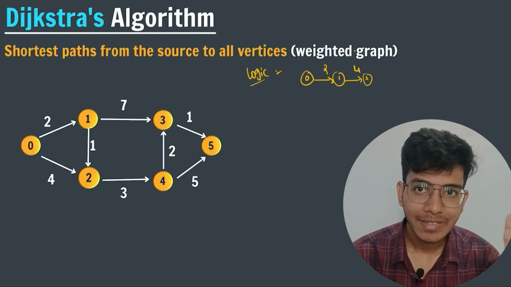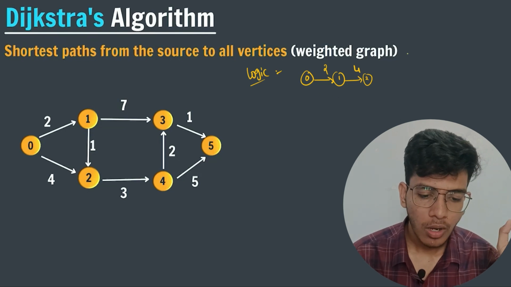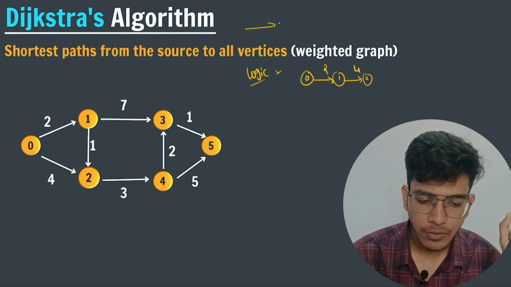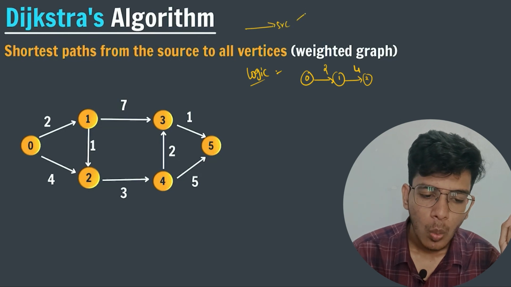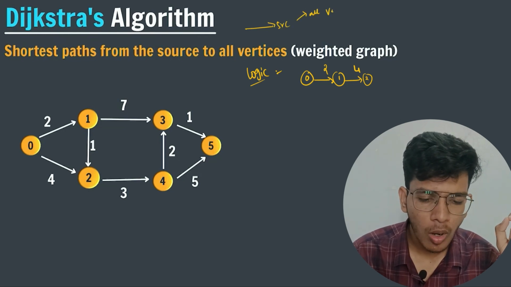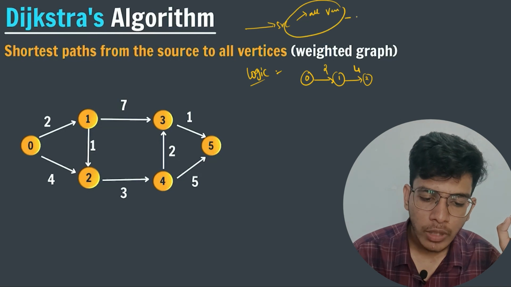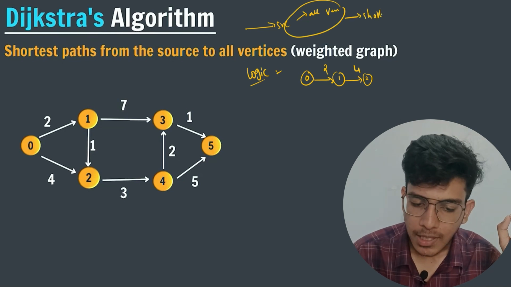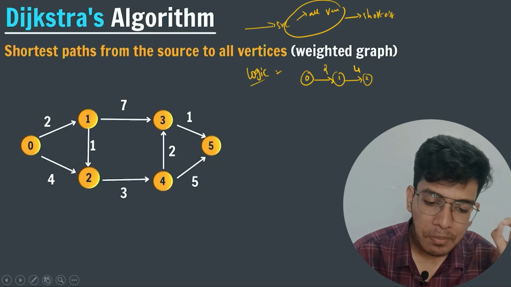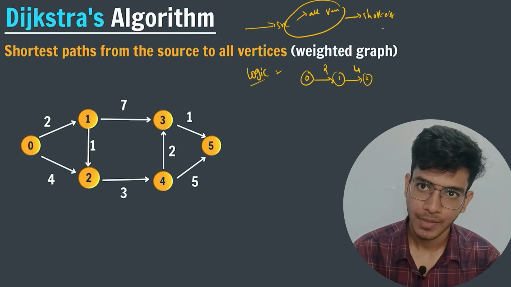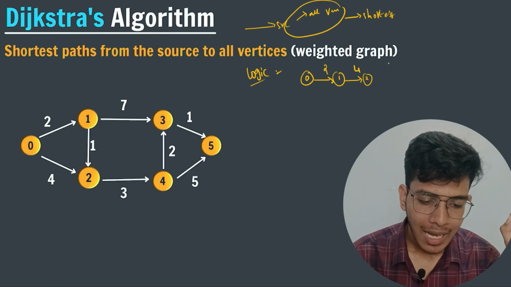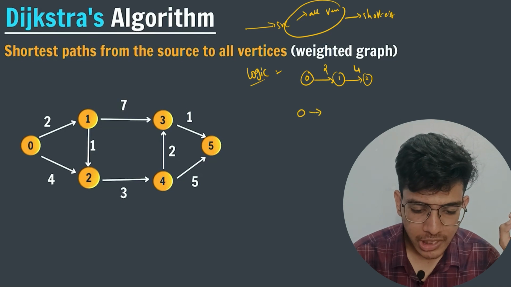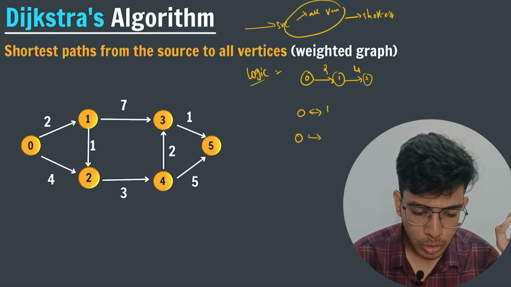Now Dijkstra says that from the source node, for all the nodes, all the vertices, you need to calculate the shortest path. This is our main motive. This is the main work of Dijkstra's algorithm, right? So here I need to calculate the distance from 0 to 1 and 0 to 2.